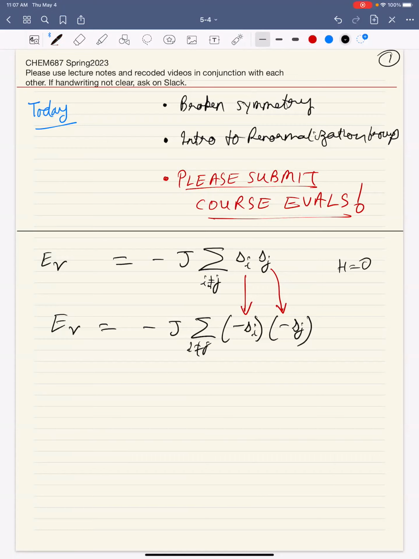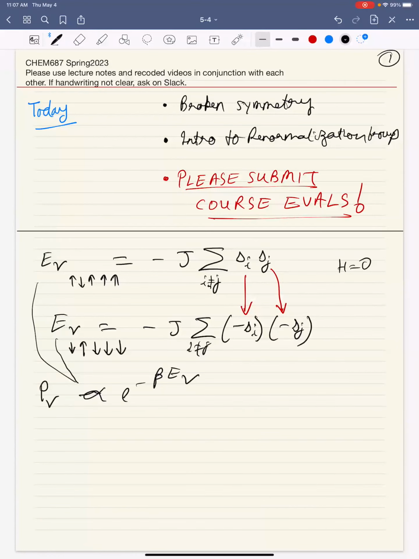And what is the probability? So this is a microstate. So the top one is, for example, a microstate that looks like this, right? And the bottom one is a microstate which is going to look like this, right? You have just flipped everything exactly opposite. So the probability of both of these microstates is proportional to e to the power minus beta E_nu, right? And since E_nu is the same, probability is the same for both.